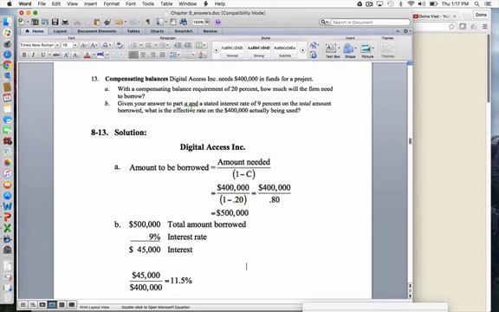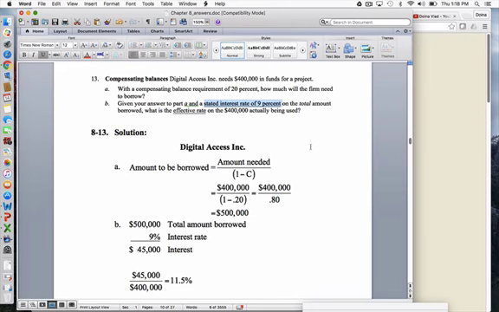Given your answer to part A and the stated interest of 9% on the total amount borrowed, what is the effective interest rate on the 400,000 that you actually use? Now, intuitively, effective interest rate is going to be higher than the stated interest rate of 9%. Why? Because you borrow more, but you only get to use 400,000 of 500,000.